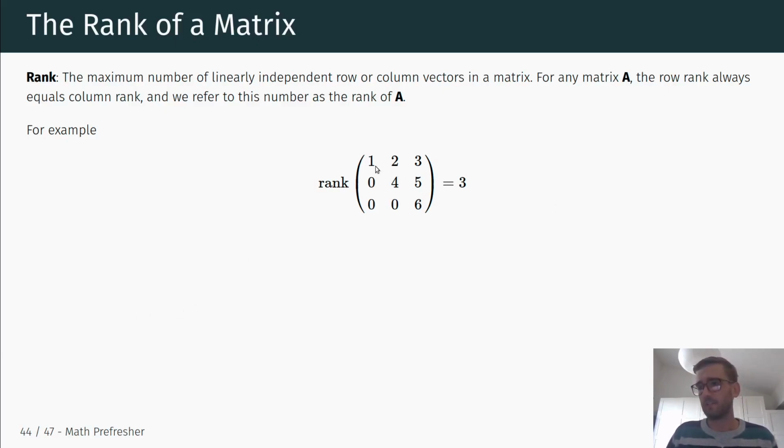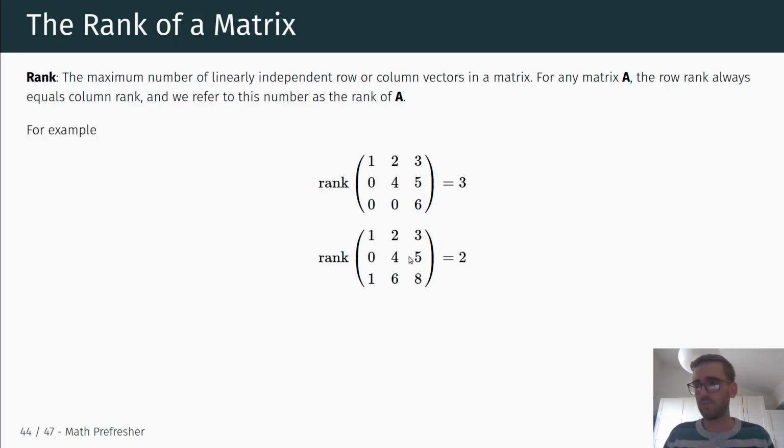Here we have a 3 by 3 matrix of rank 3. So all 3 rows or 3 columns are linearly independent. None of the rows is a linear combination of the other 2.